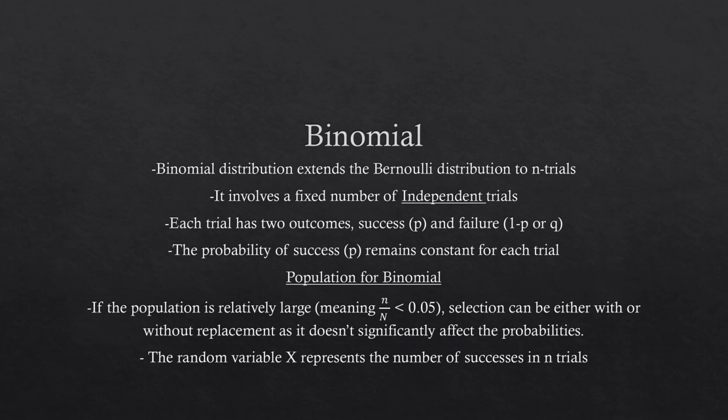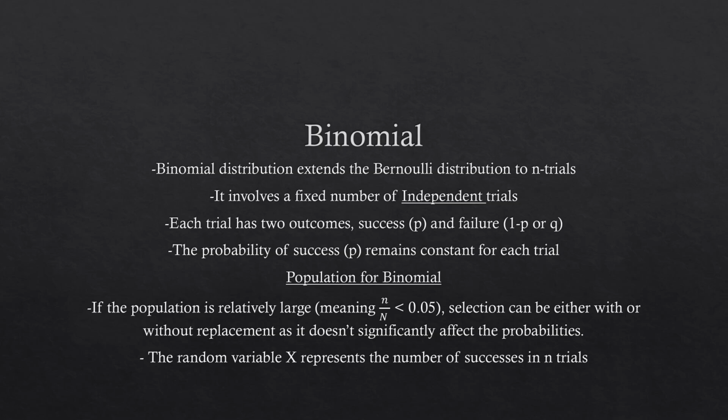And as well as your probability, you'll use the binomial distribution if your little n over big N is less than or equal to 0.05, your n being the number of times you do something, and your big N being your total population. But we'll go over that when we get to a different distribution.